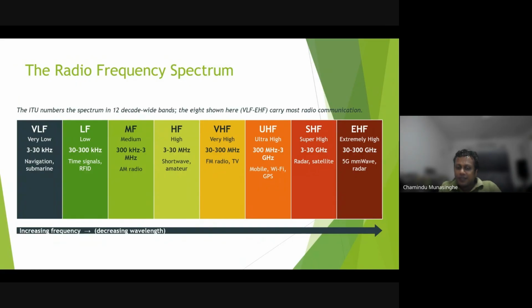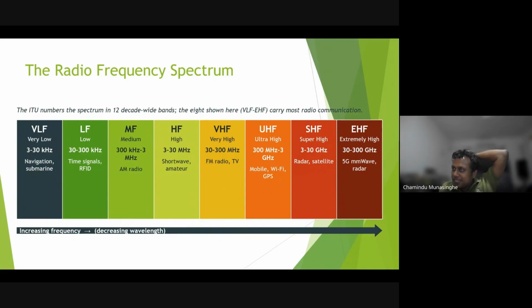Anyways, so out of the 12 bands, I've listed out 8 here, because those are the bands very commonly used for radio communication. So from VLF, very low frequencies like 3 to 10 kilohertz. If you look at the frequency, in terms of audio, these start from the audio range. 3 kilohertz is an audible tone as well.